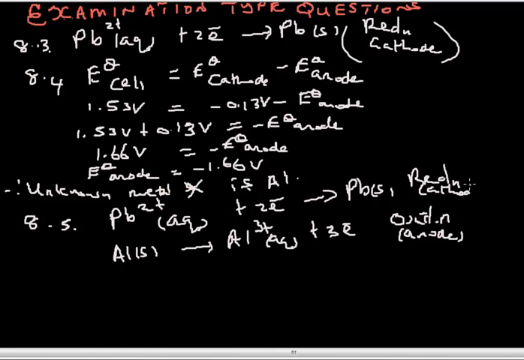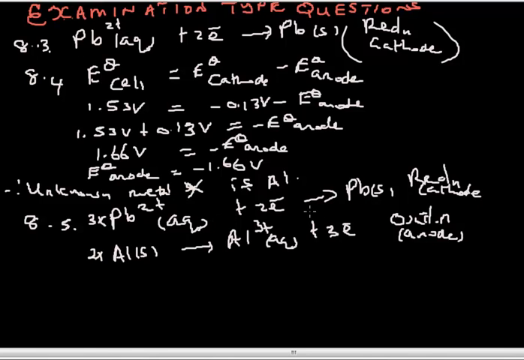So what is going to happen now is that we are going to balance our electrons. We have 2 electrons, then we have 3 electrons. So in order for our electrons to be equal, we are going to multiply this one by 3 and we are going to multiply this one by 2. So that is all the terms which we have in this particular reaction.